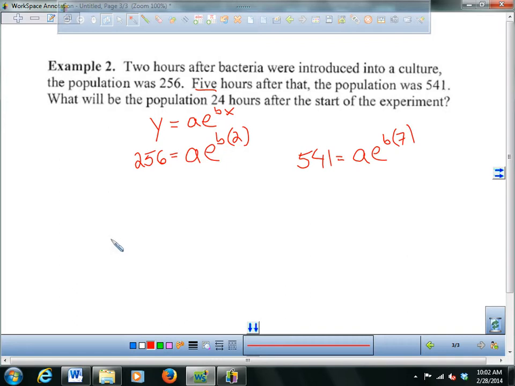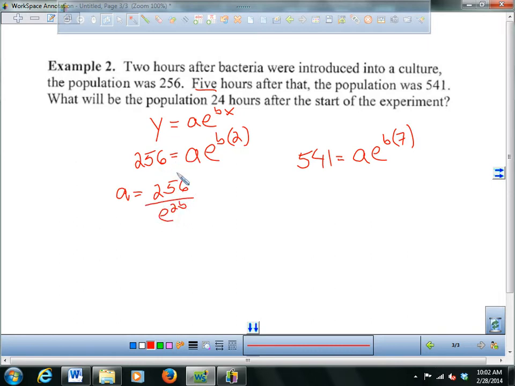So now you have to solve this. You have two equations and two unknowns. Anyone have any ideas how to do that? You could solve one for A and plug it in the other. Yeah. What I kind of want to do, I think it's easier the way I did it, I said that A equals 256 over e to the 2b, right?